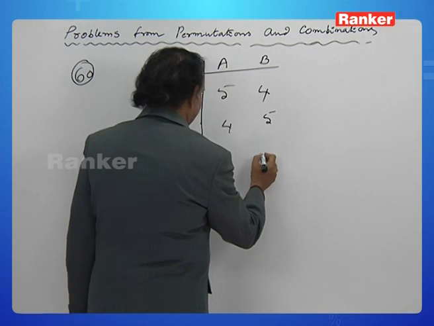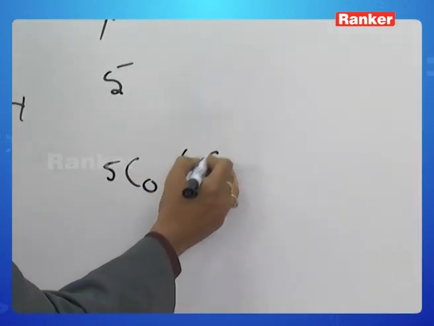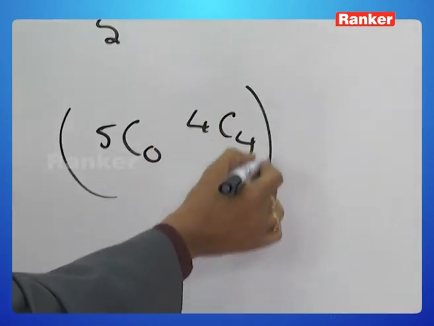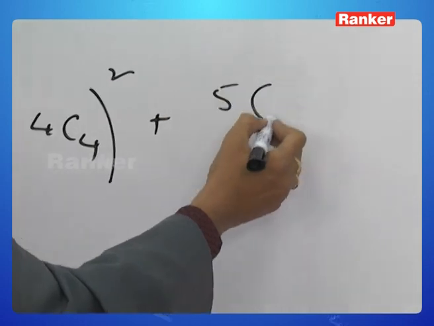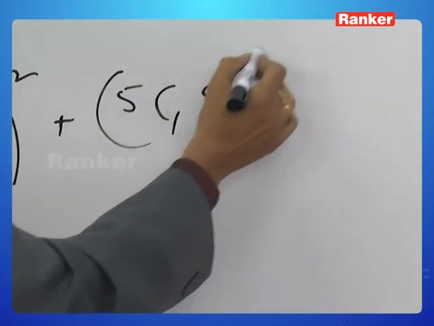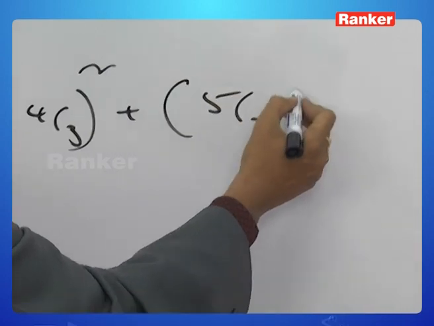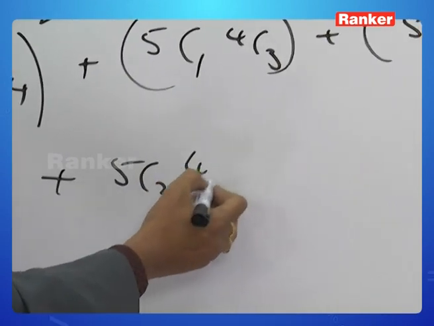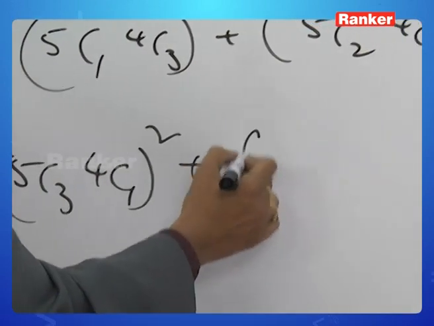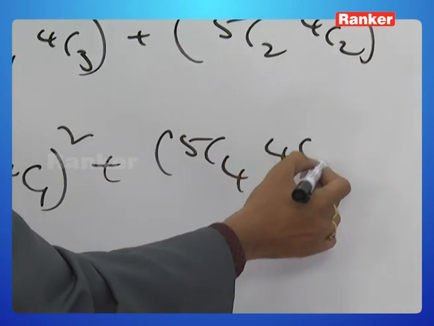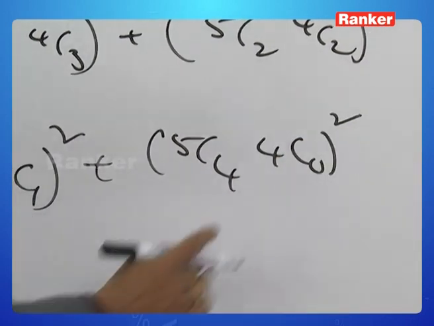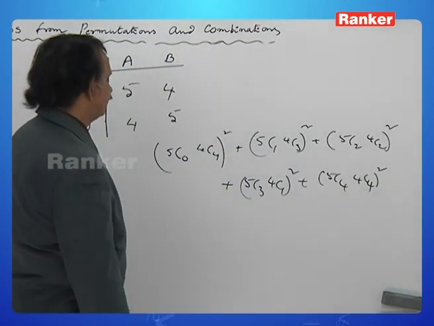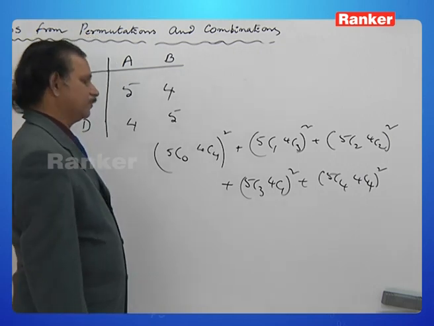What happens? 5C0 into 4C4, whole square, plus 5C1 into 4C3, whole square, plus 5C2 into 4C2, whole square, plus 5C3 into 4C1, whole square, plus 5C4 into 4C0, whole square.